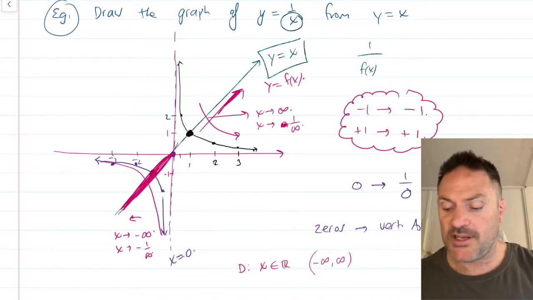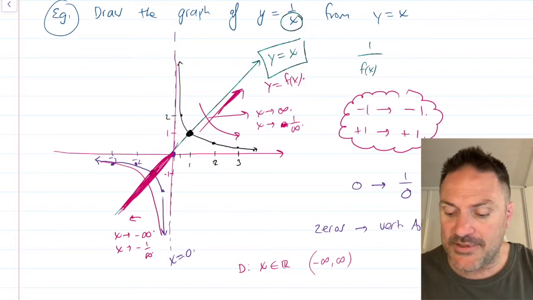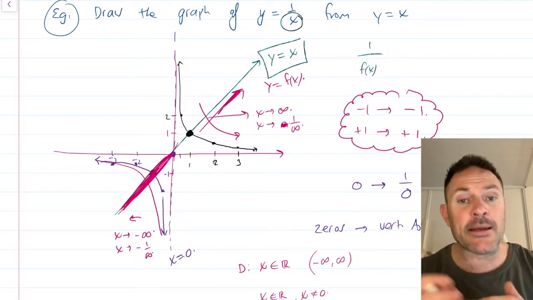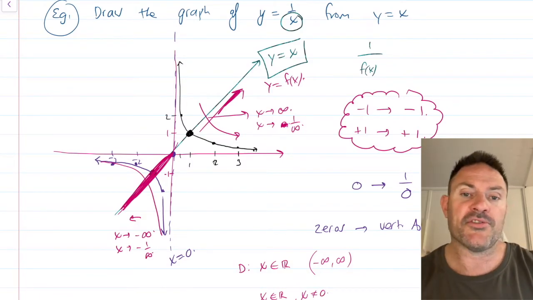Therefore, if I look at this one, it's the same thing for my hyperbola, except x cannot equal 0 in this instance. So it's the same domain as your original function, your parent function, but your reciprocal just won't have those zeros included.